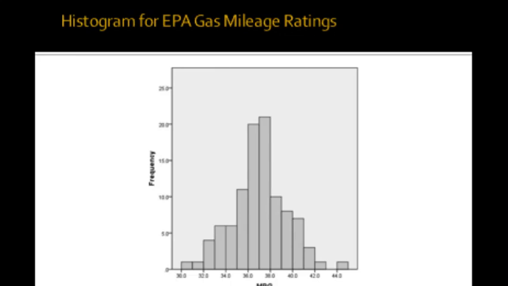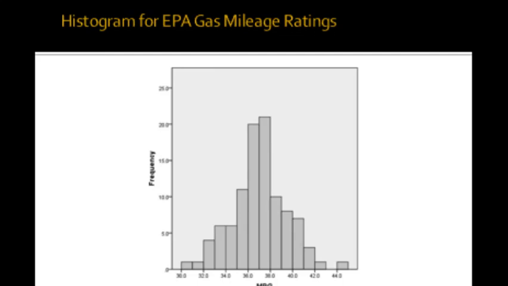The x-axis represents the class intervals, from 30 to 31, 31 through 32, and so on, all the way up to 45. Class intervals are intervals of equal width, and we count the number of observations that fall in that range.